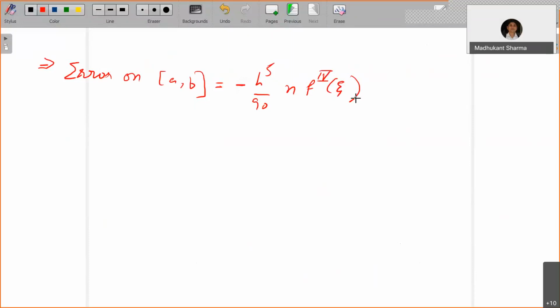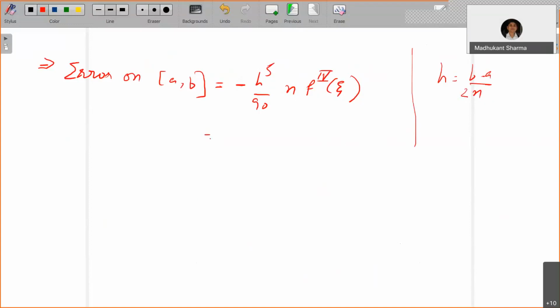So what is n? n is b minus a by h, right? So one h will get cancelled. But actually it is b minus a by 2h. Because h is equal to b minus a by n, if you recall. But here we are using a midpoint as well, so in each interval you have a by 2 as well. So you have 2h.